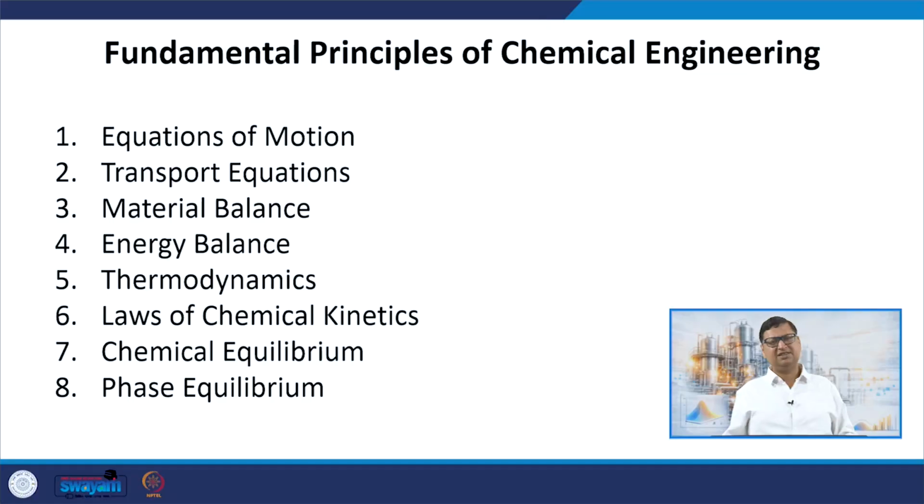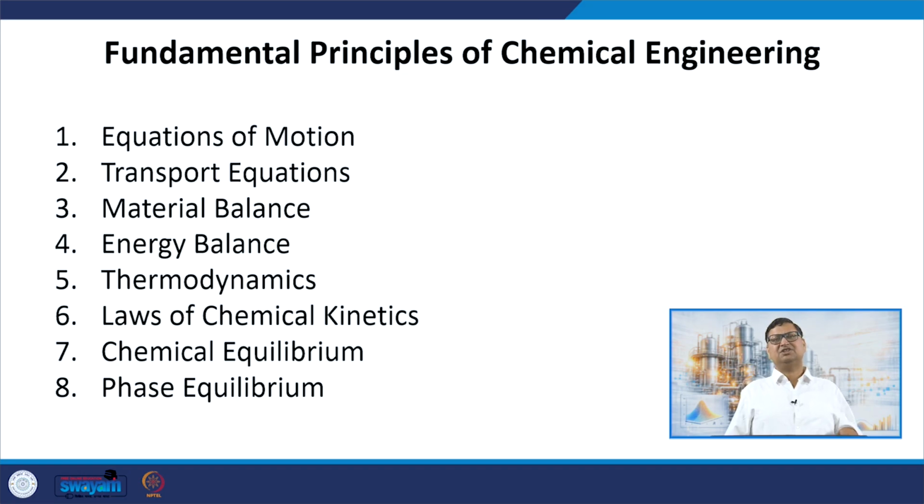Okay. So basically these are the fundamental principles in chemical engineering. They may come by different subject names, but these are the fundamental principles that you typically learn in chemical engineering. You begin with the equations of motion, that is typically coming in the courses on fluid mechanics.